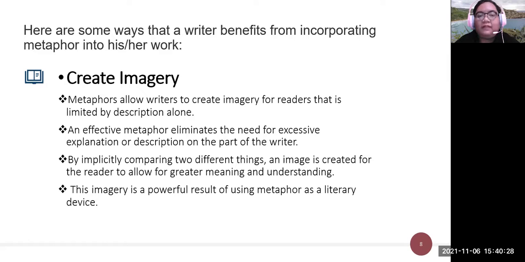An effective metaphor eliminates the need for excessive explanation or description on the part of the writer. By implicitly comparing two different things, an image is created for the reader to allow for greater meaning and understanding. This imagery is a powerful result of using metaphor as a literary device.